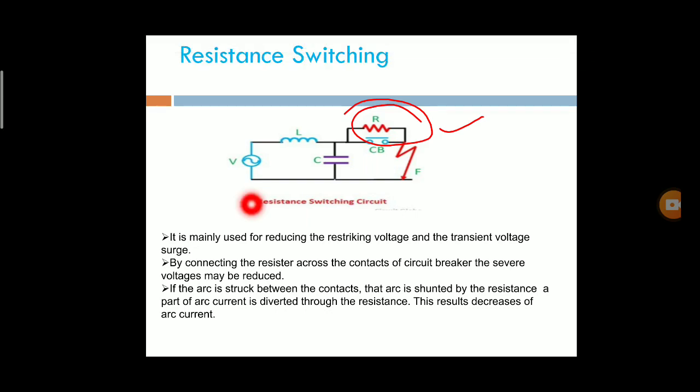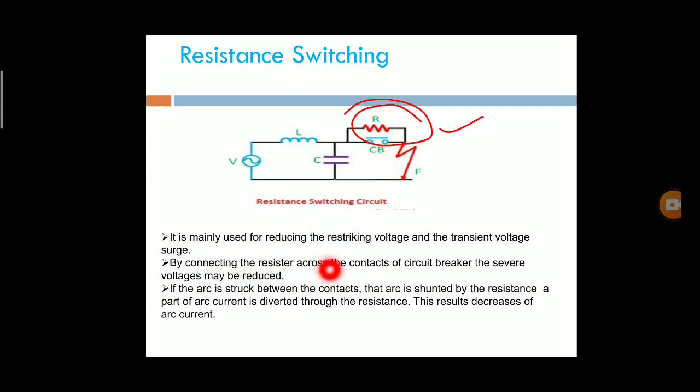It is mainly used for reducing the restriking voltage and the transient voltage surges. By connecting this resistance across the contacts of the circuit breaker, the severe voltages may be reduced.